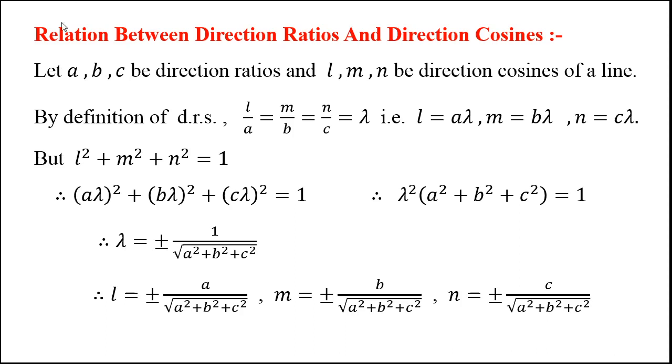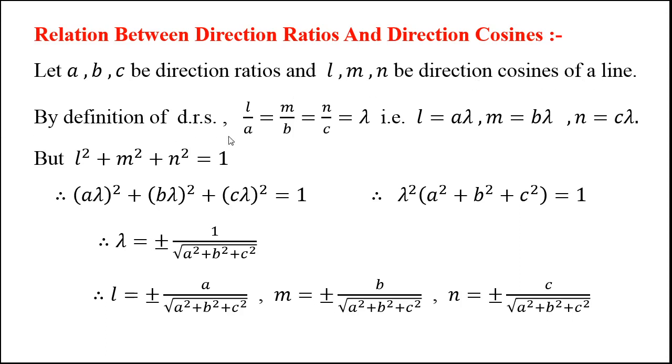Okay, then we have defined direction cosines and direction ratios. Now what is the relation between direction ratios and direction cosines? Let me read this. Let a, b, c be direction ratios and l, m, n be direction cosines of a line.